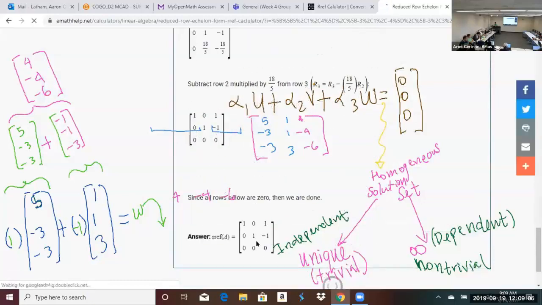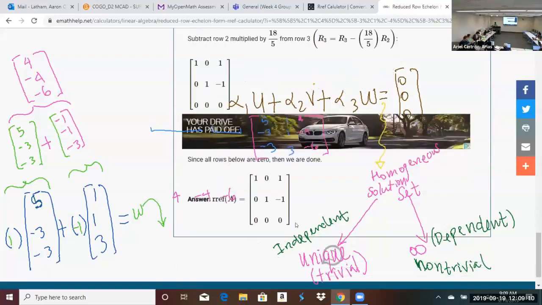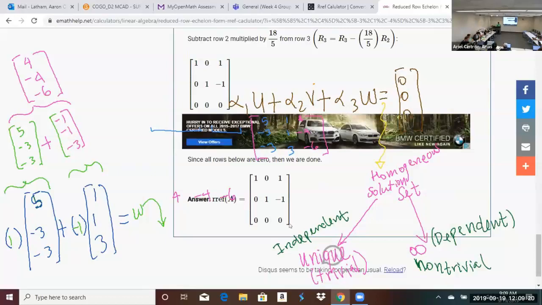Okay, that one's right. See that? I guess it's just the calculator. So you guys found another RREF? That's correct. Okay, Aaron, so that's correct. So the calculator was tricking us, right?